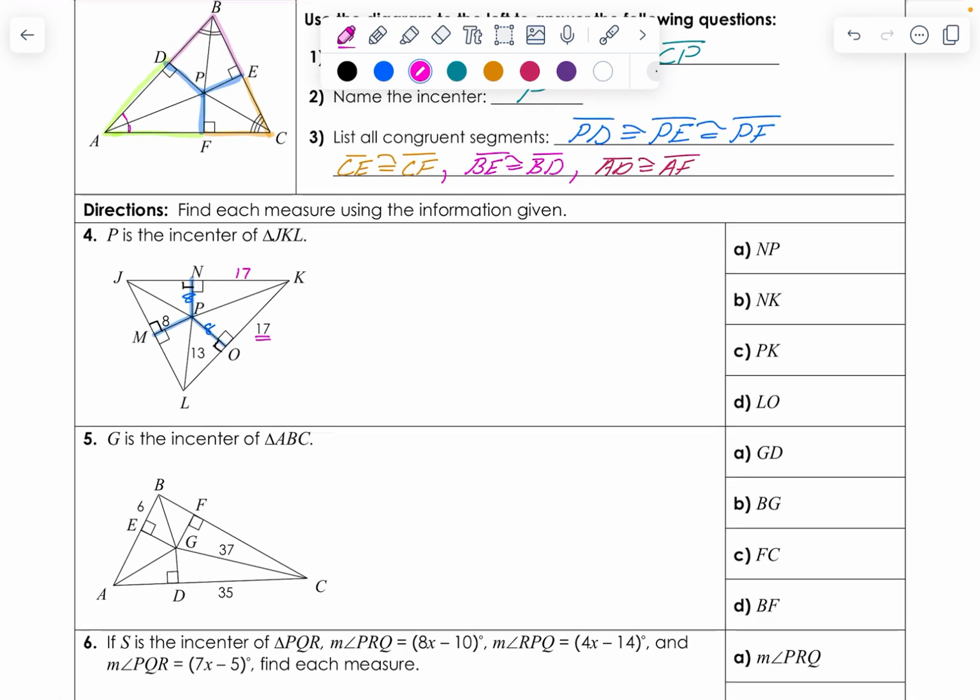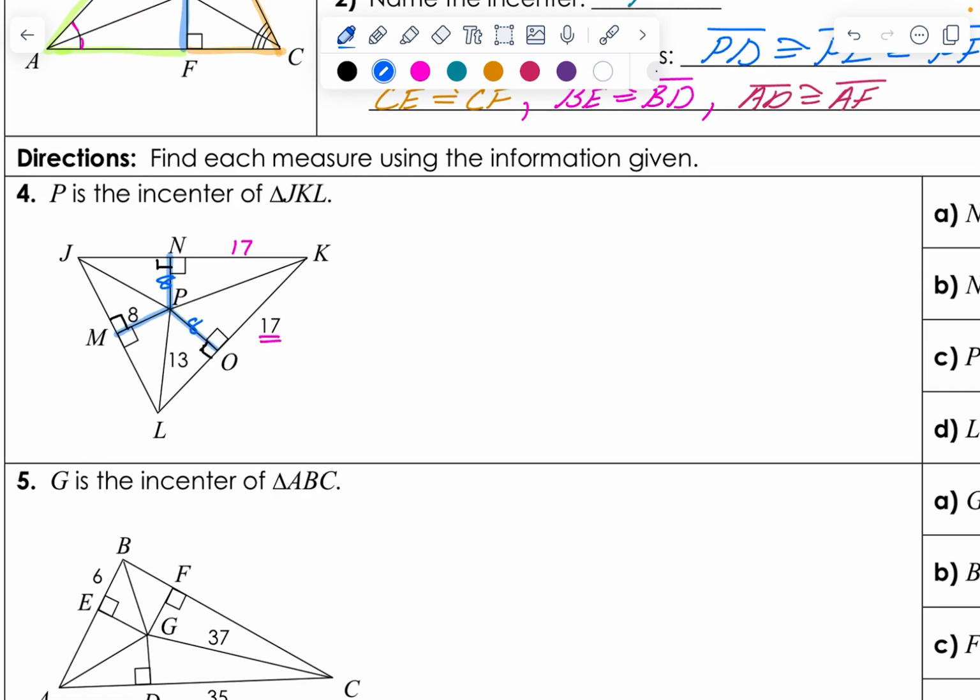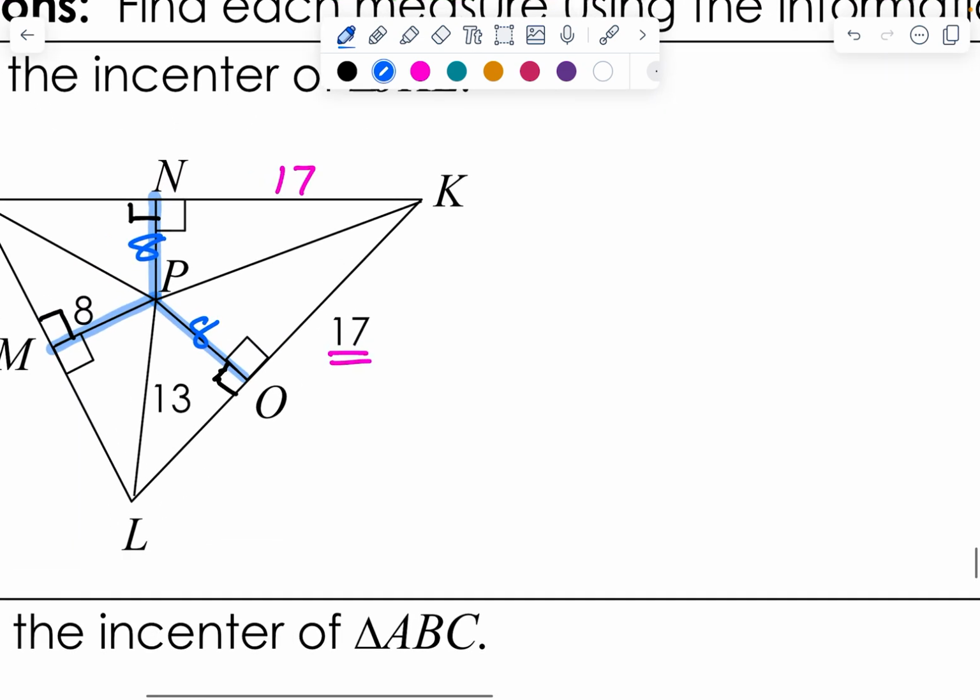NP is 8. We did that. NK is 17. We just said that. Now we want to know PK. So PK, I'm going to call this x. Notice we have this triangle, and x is across from the right angle. That's our hypotenuse.